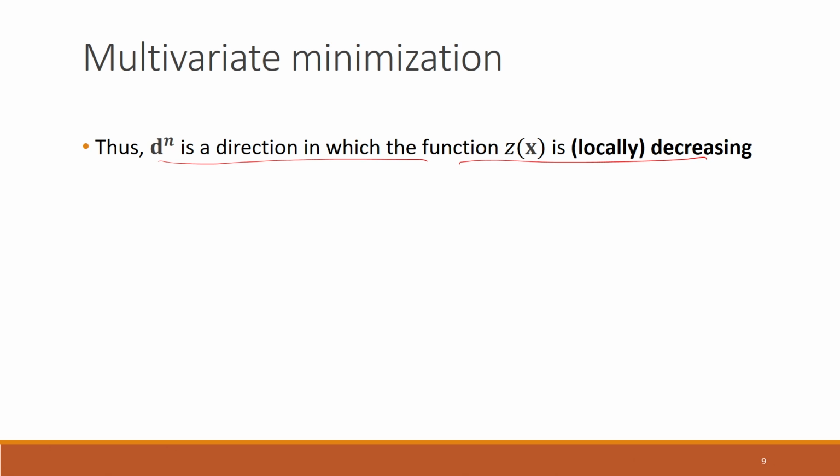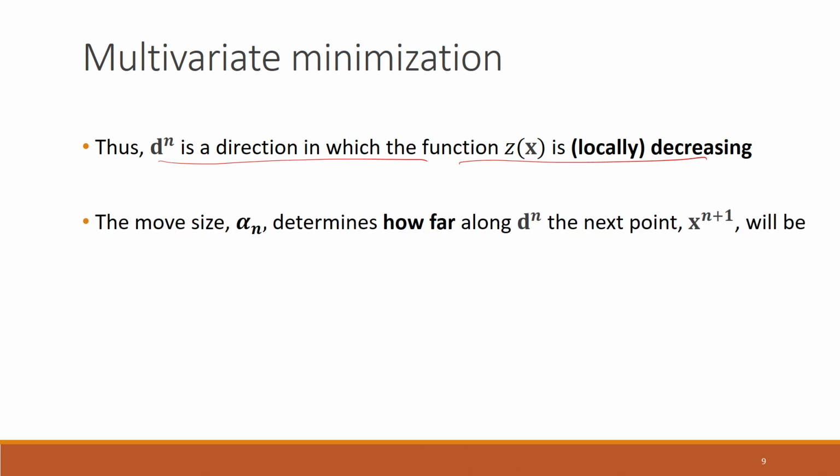Because when we decide this direction, we will be determining the gradient of the function at the current point x_n, and based on that information we will be making the decisions. So that is why it is said locally. And then the scalar move size alpha_n determines how far along d_n the next point x_{n+1} will be.